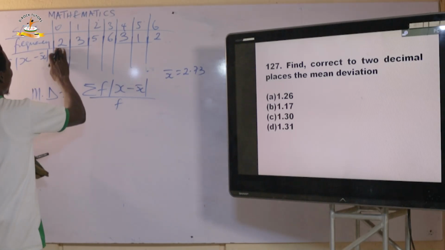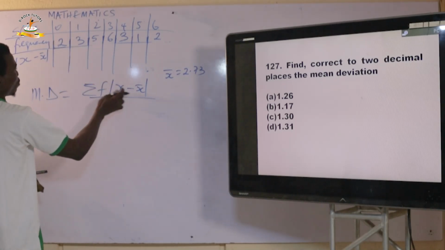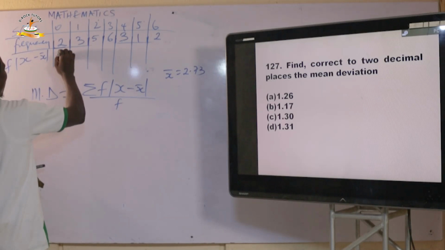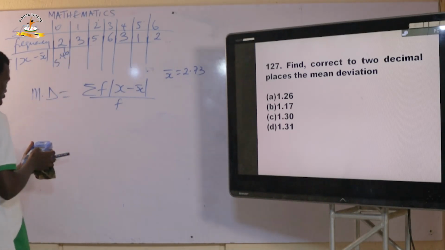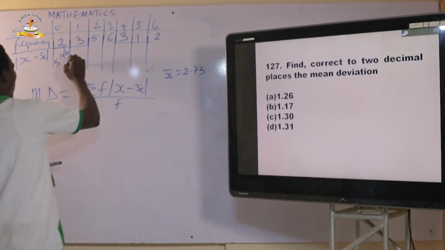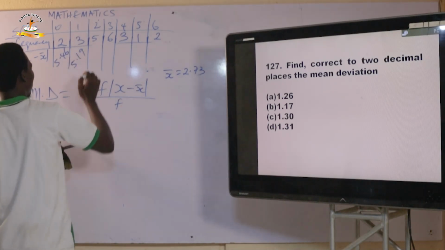Since it is an absolute value, we just write 5.46. So the next is 1 minus 2.73. We multiply it by 3 because we have 3 of them, and this is 5.19.